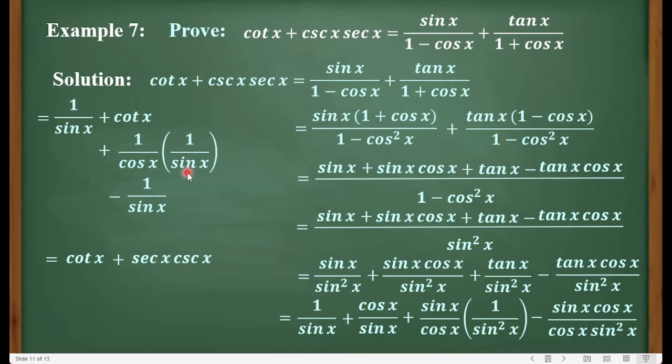Then 1 over sine of x is also replaced this time by its equivalent, which is cosecant of x. And at this point, you will notice that this simplest form is now identical with the expression on the left side. Meaning the last example, number 7, is an identity.